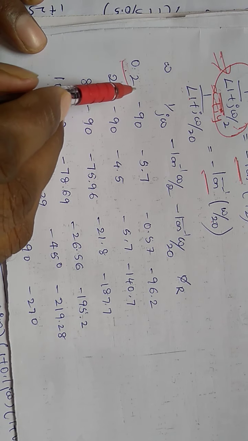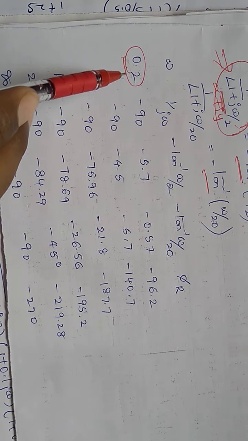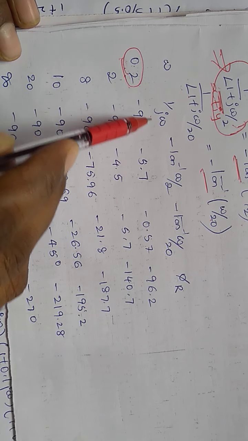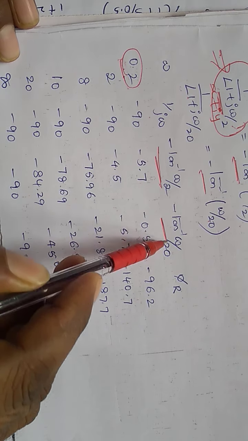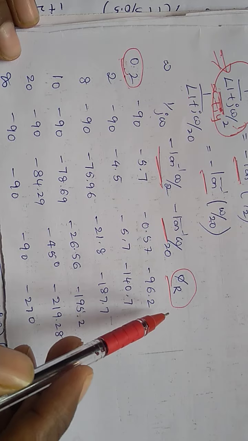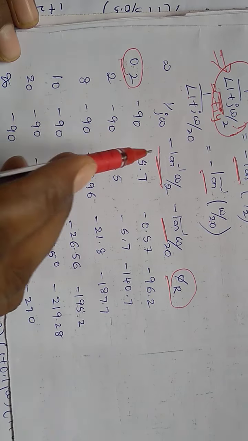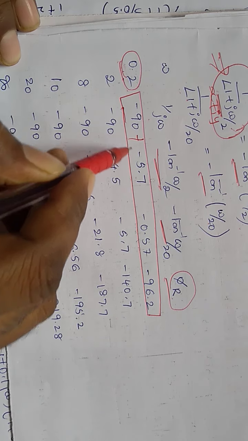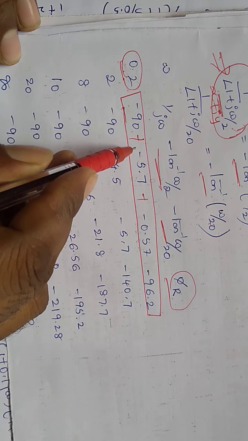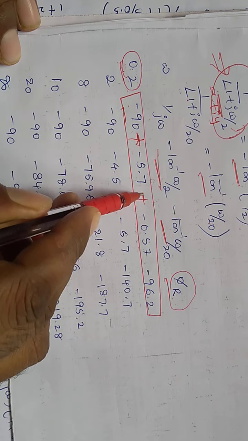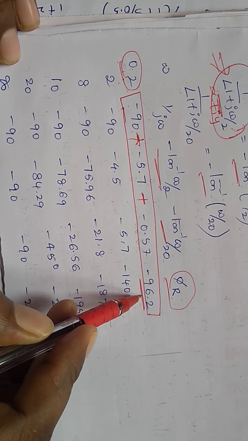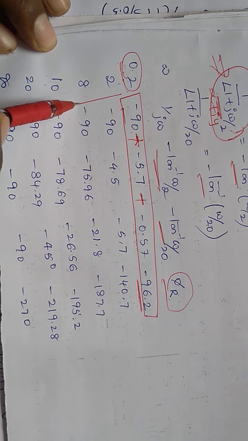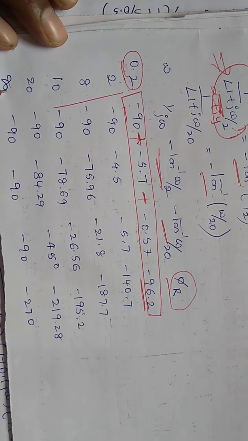There is no particular rule, so let us select any value, 0.2. First factor, then second factor, third factor, add phi r. Phi r is the resultant of all these values. You can add all these values: minus 90, minus 5.7, minus 0.57, and you will get minus 96.2. Vary the omega value from 0.1 to infinity.